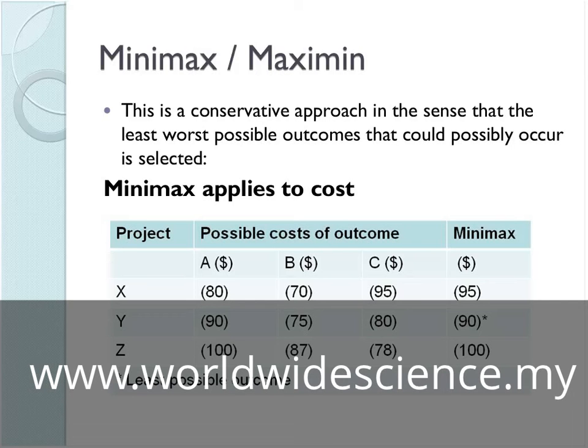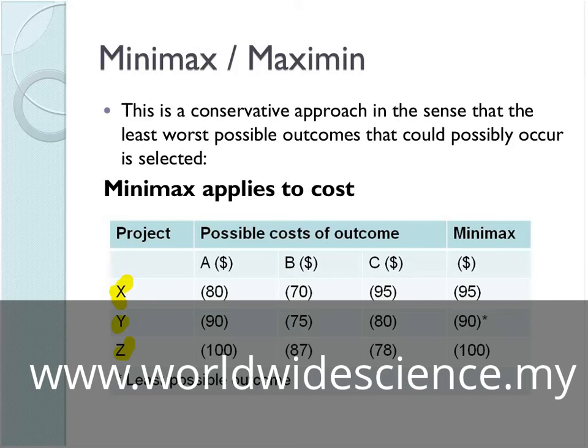Here we have three kinds of projects: X, Y, and Z, and the possible cost of outcome. When we say the possible cost of outcome, we mean the cost, or we can say the investment money.